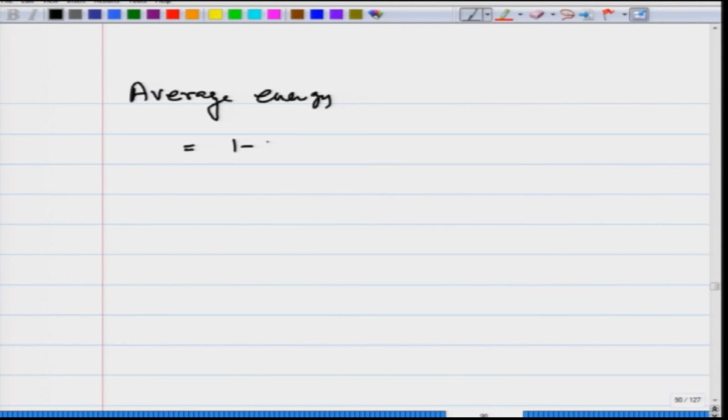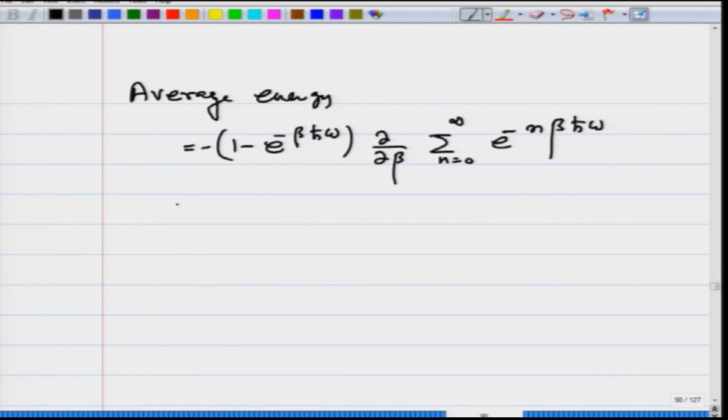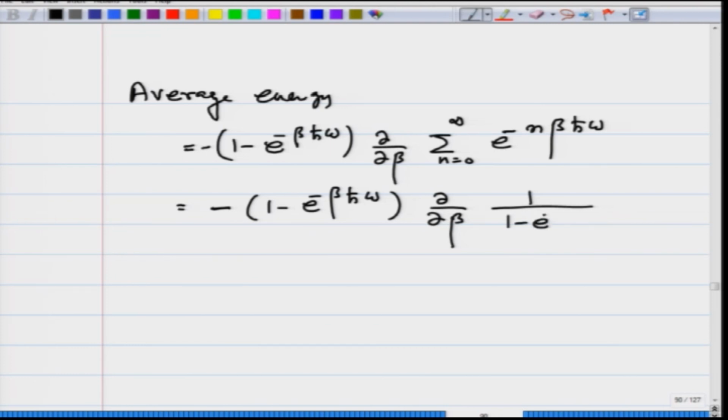This is equal to 1 minus e raised to minus beta h cross omega times minus d by d beta of the summation over n equals 0 to infinity of e raised to minus n beta h cross omega, which I can write as minus 1 minus e raised to minus beta h cross omega times d by d beta of 1 over 1 minus e raised to minus beta h cross omega, because the sum, you recall, is that geometric series that we did earlier.